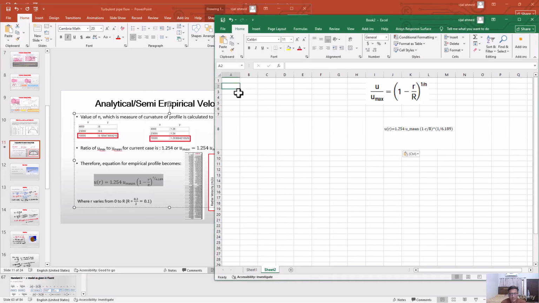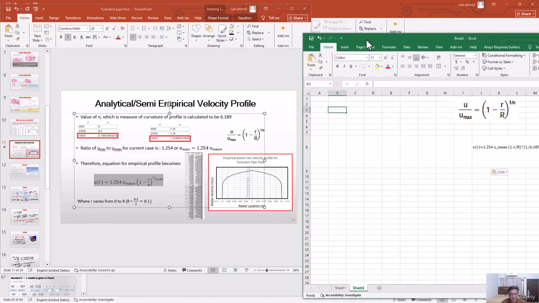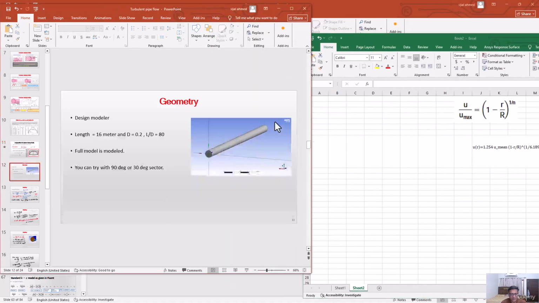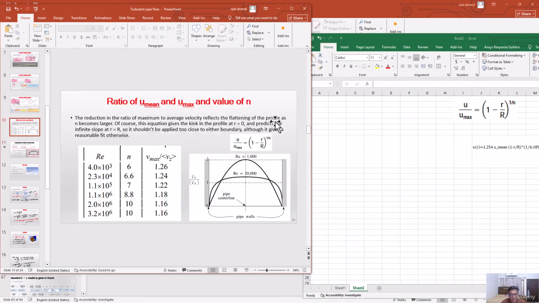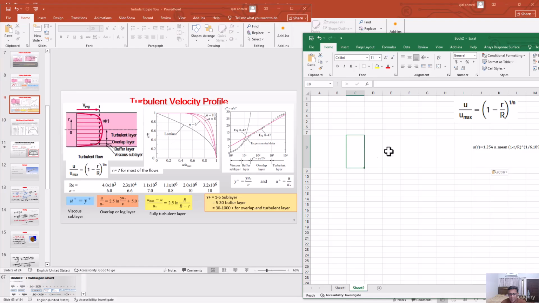Now I will be starting. What we have to draw is the velocity. There are two ways to draw the velocity. Number one is in this way. The second way is to do it on the pipe. In that case, the radial coordinate will be along the y-axis and the velocity will be along the x-axis. Let me show you that.